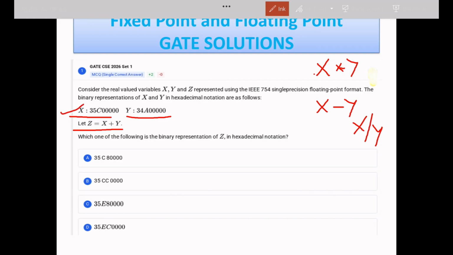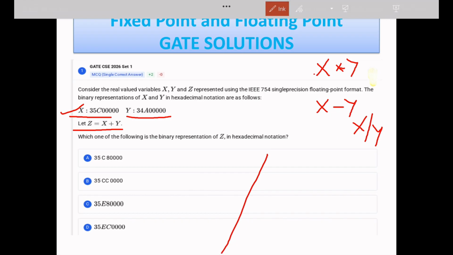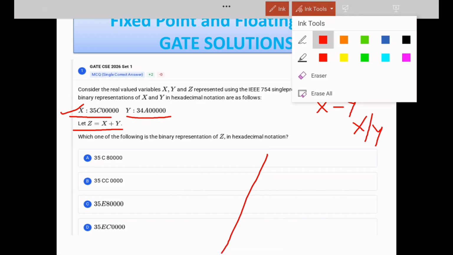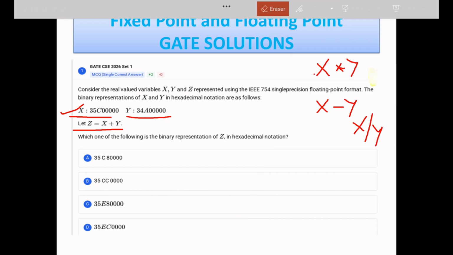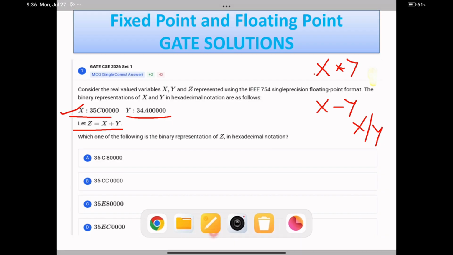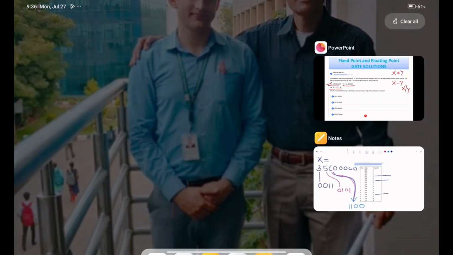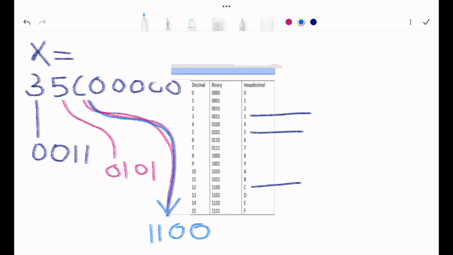So this is in hexadecimal form. At first we are explaining something. I will show you something. Now see here, here we have written the same value, 35C000. We are explaining only one.